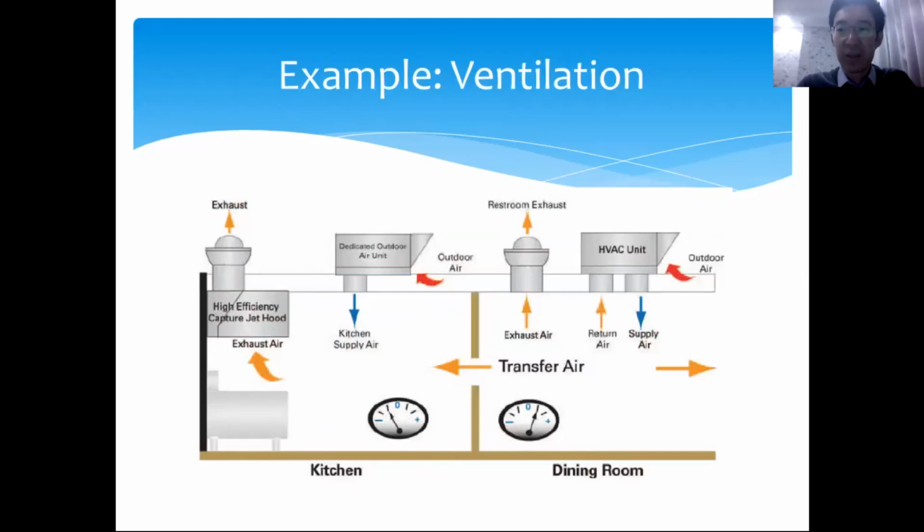And the easiest way of imagining how the ventilation system works, especially in a restaurant, is that we have two distinct areas. We have the dining area and we have the kitchen, and depending on the area, we have two different ventilation systems. When it comes to the dining area, it is quite easy.